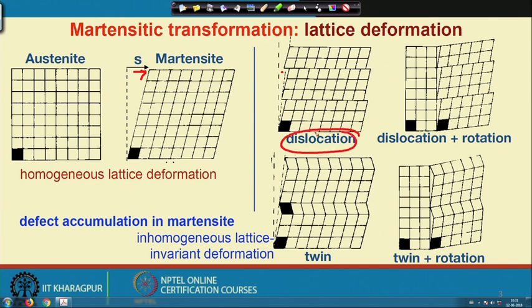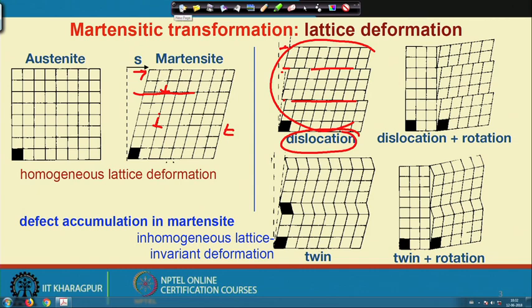How is this process? I take the same lattice and I simply pass some dislocation here, here and also here, let us say. If a dislocation passes from here to here, then definitely I will get such a step, is it not? So, in a very small domain, by passing some dislocation, I reduce and accommodate the total shear strain in this lattice.